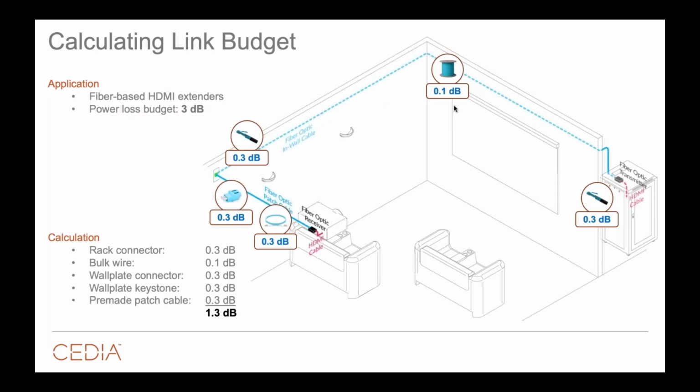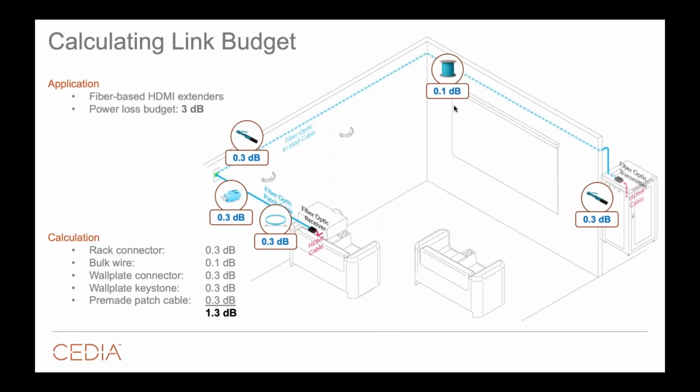So in a real world application, and I know there's commercial guys on here, forgive me, I use a residential application because most people can look at this and understand this from your home. You have a rack of equipment, you've got an HDMI source, media player, or a DVD player, Blu-ray player, whatever it may be. You're running that video through an extender over bulk fiber into a wall plate and then a patch cord going to the remote receiver.